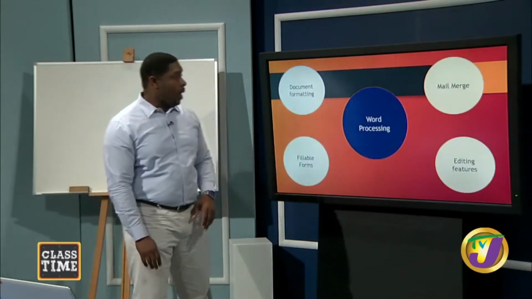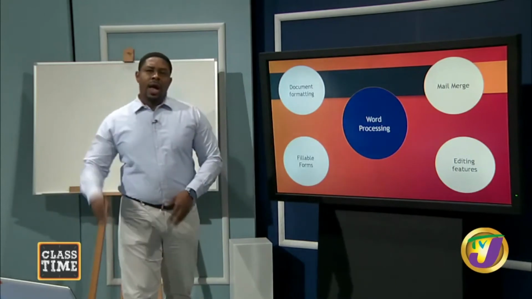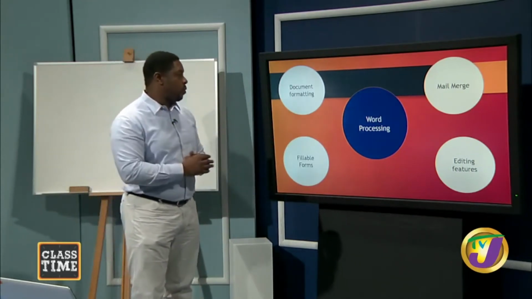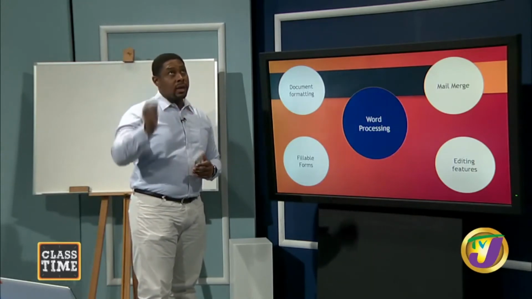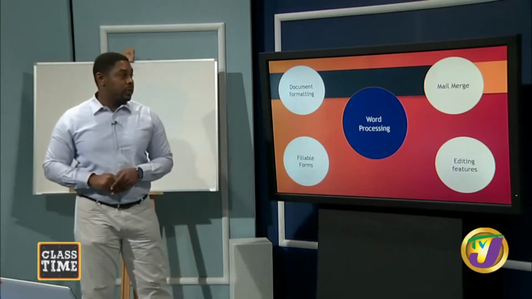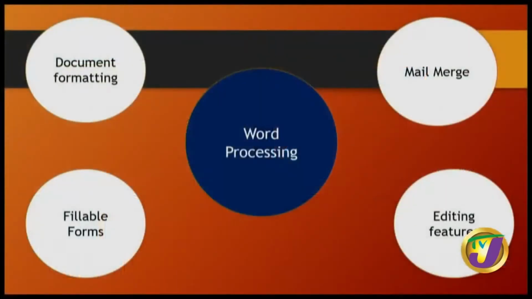All right? Then we have the software that we look at, word processing, and some of you should already know what this looks like, but there are two key features that you'll be focusing on, and that's mail merge and fillable forms. And we spoke about that earlier, having forms that you create in Microsoft Word that you can send over the web, and people can fill it out and do your business like that.